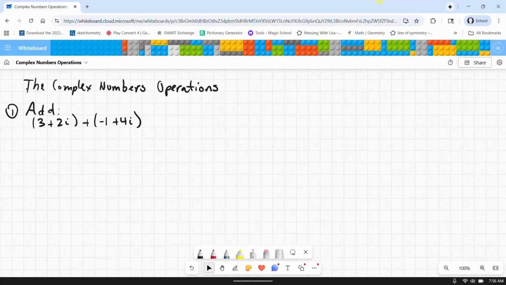The way we add complex numbers is by grouping the real numbers together and then grouping the imaginary parts together.